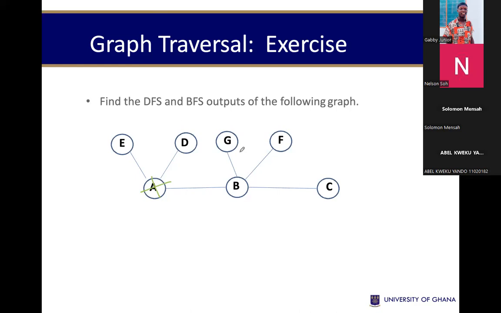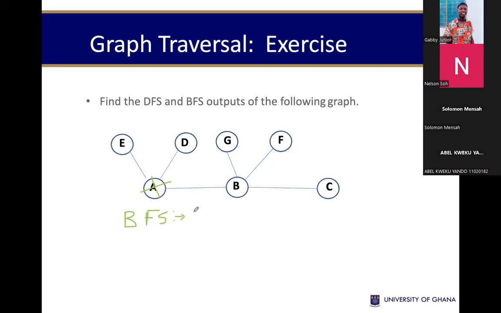Maybe because of time, let's quickly do it together, right? Because I know you have another class at 3 o'clock. So quickly for BFS, let's see how it's going to go because we are dealing with the starting node as A. So we're going to start with A, which you're going to output.